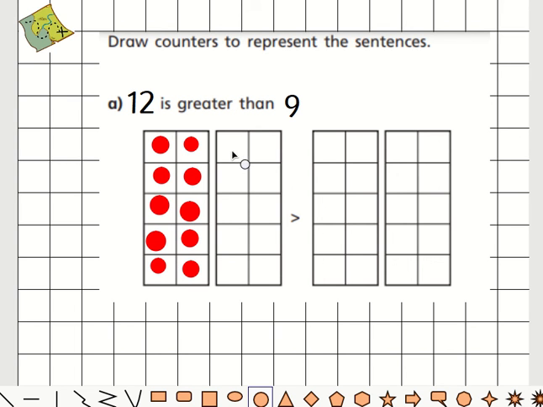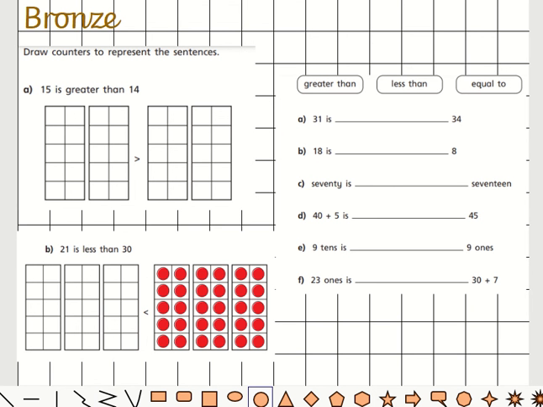So that's one group of 10. And 1, 2. So I've got the number 12, and then quickly over this side represent the number 9. So 5, 6, 7, 8, 9. Some more questions there.